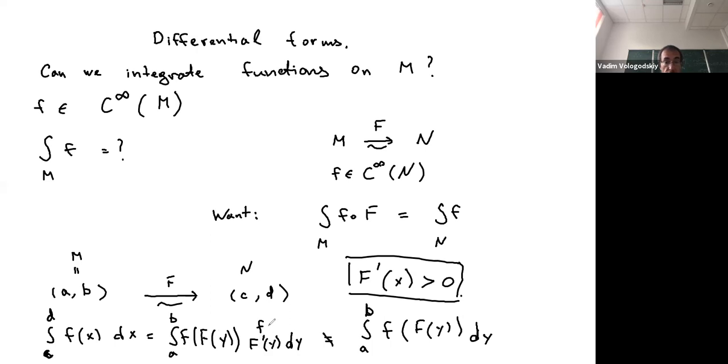Here x is equal to F of y, so I can think of x and y as coordinates on my manifold, and this F is the change of coordinate function. So the quantities I can integrate are of the following type: they are defined whenever I have a local coordinate, and if you choose another coordinate, this quantity should be transformed by this rule.